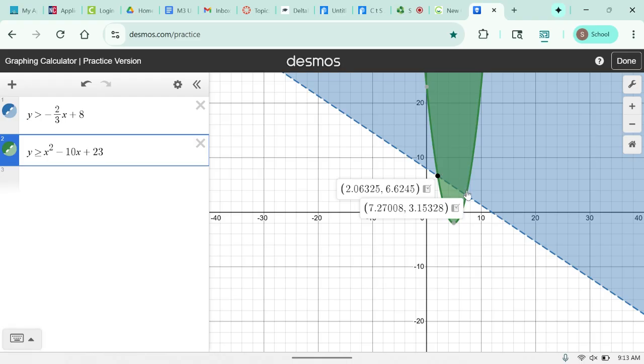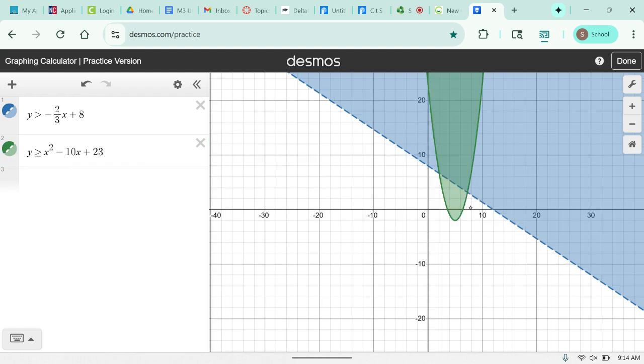So that'll be at ugly numbers. Did I plug that in right? Yeah, I plugged that in right. Just ugly numbers. Okay, that's okay, because we're rounding anyway. So if I want to do a quick graphing, let's do vertex is at 5, negative 2.